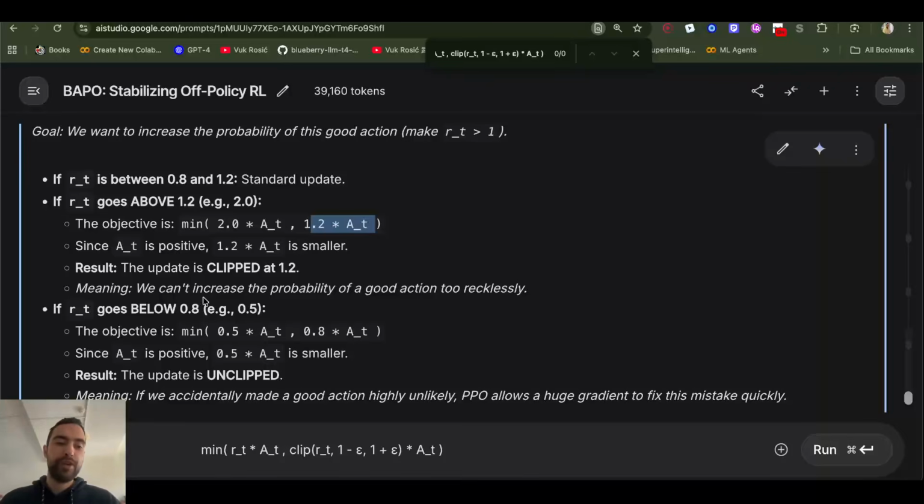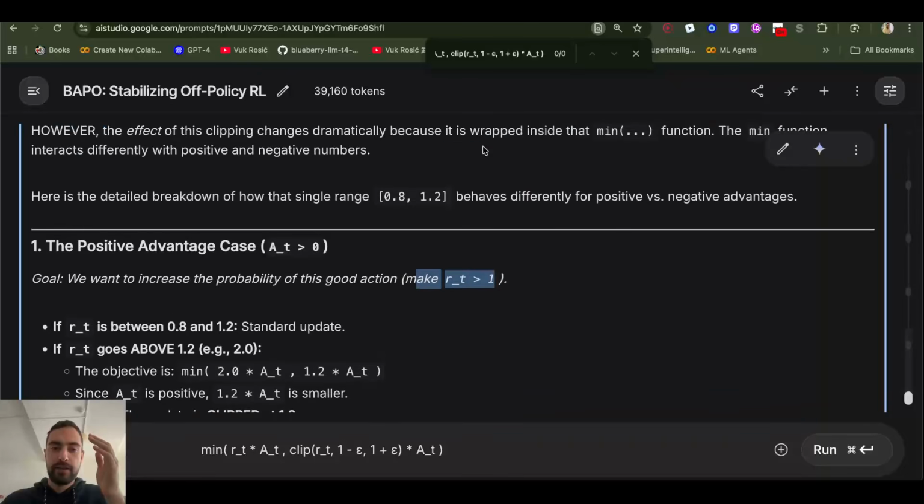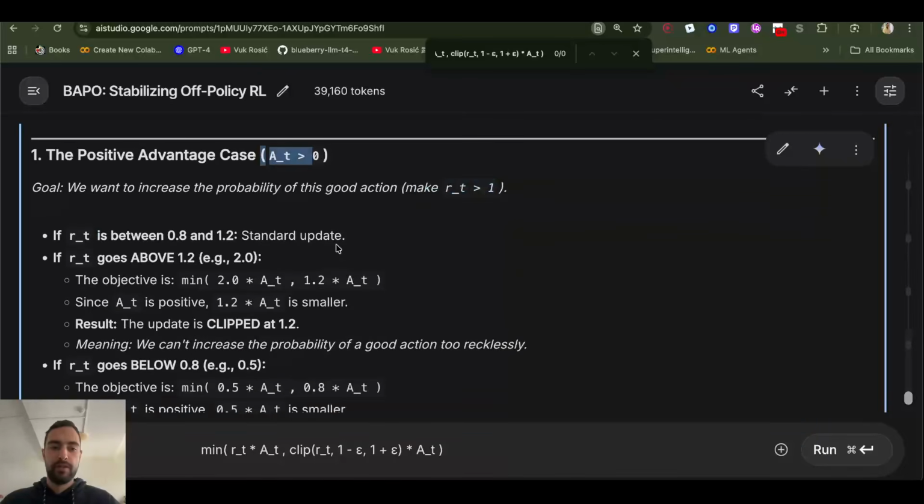If the importance ratio is below 0.8, for example 0.5, which means that the new model made this token less likely in comparison to the old model, but choosing this token gave the correct answer, it's positive advantage.